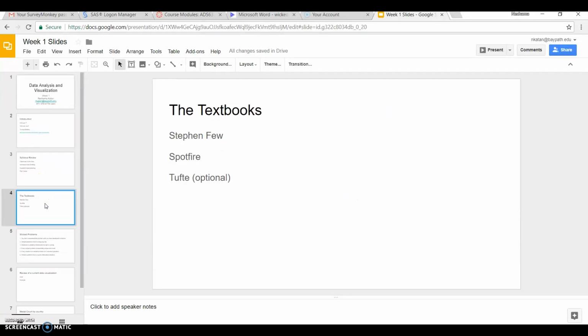All right. So textbooks, we talked about that in the last video. Stephen Few, Spotfire, Tufte is optional, but they're beautiful books. The reason that I did Stephen Few instead of Tufte is that Stephen Few is much more applied.